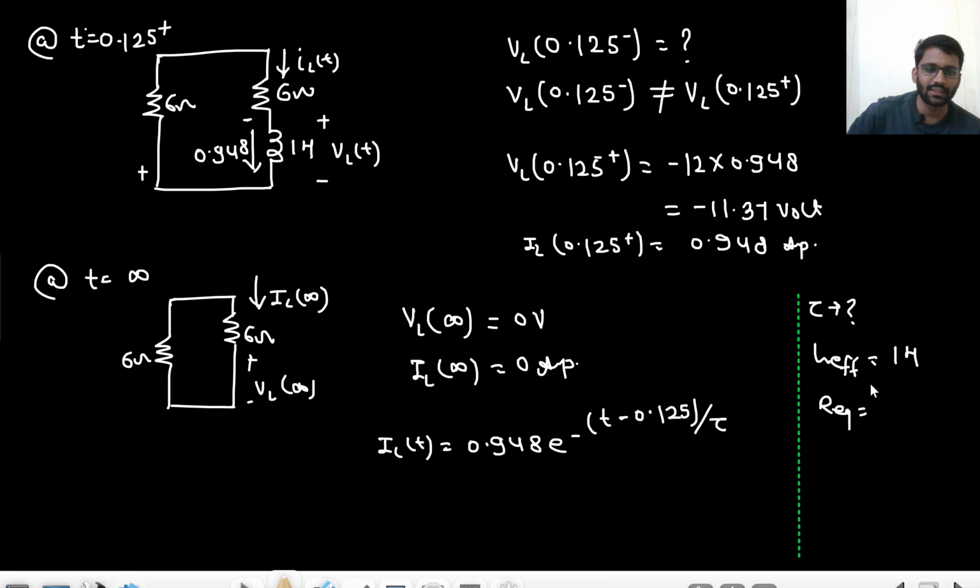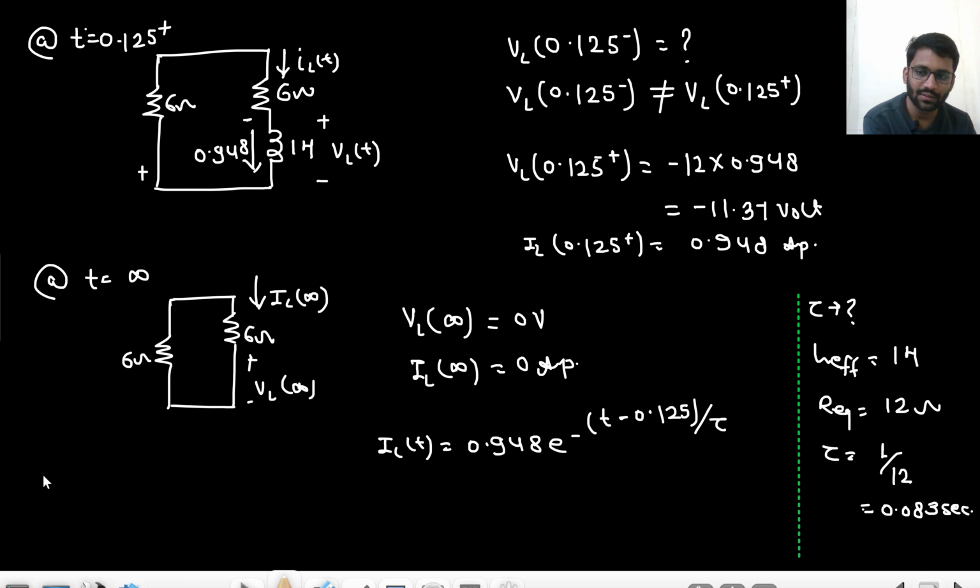R equivalent is 6 and 6 in series, so it is 12 ohm. So tau is 1 by 12, which is nearly 0.083 second. Into 5, it will take 0.4 second to reach the steady state.